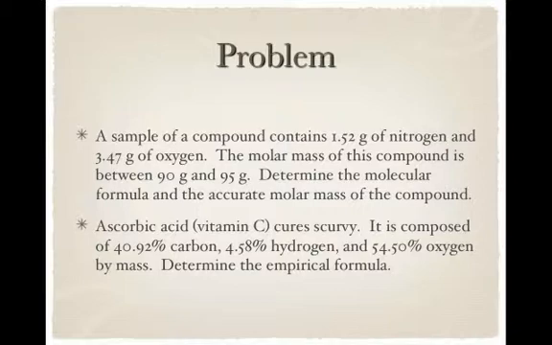So ascorbic acid, which is vitamin C, cures scurvy. You guys know what scurvy is? Lack of vitamin C. The sailors used to get it a lot when they had to ride in boats across the Atlantic to get over here, because they usually ate preserved meats and canned stuff, they didn't have a lot of fresh fruit, and the fruit would grow rancid and moldy before they were able to get new supplies.